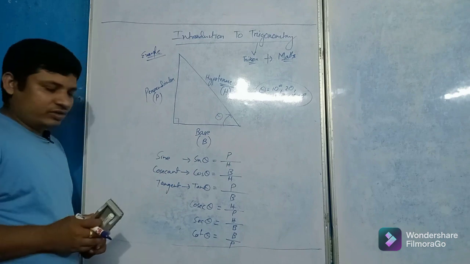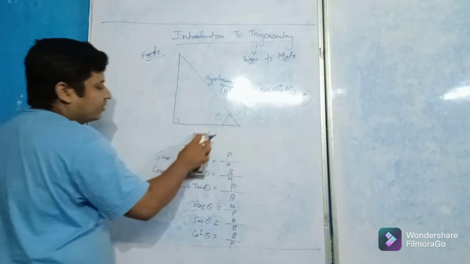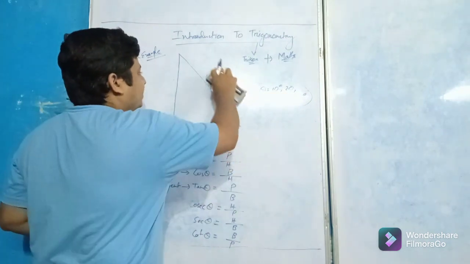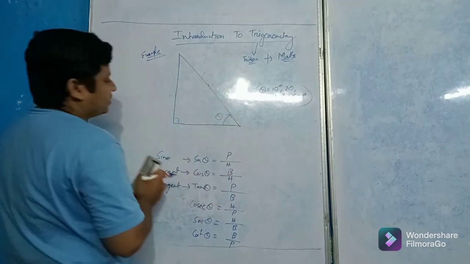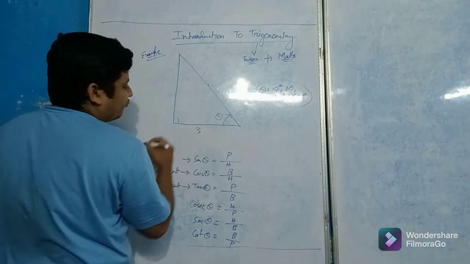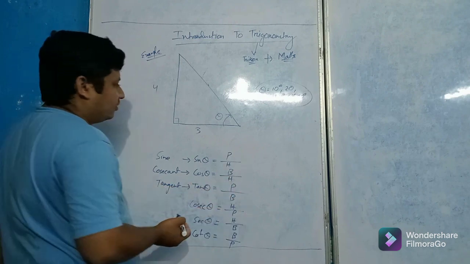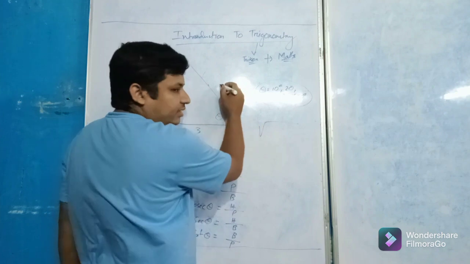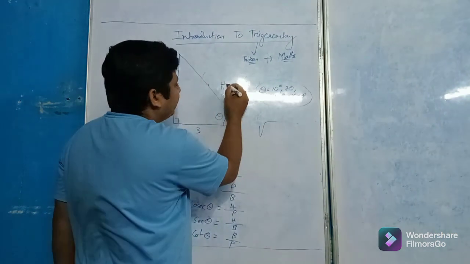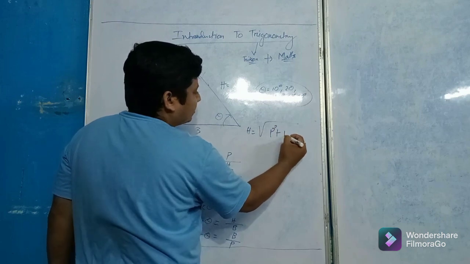Now we can find, suppose in this same problem, you can take a note of this one, and suppose in this same problem I will be going for an example. Suppose this side is given 3, this side is given 4. Now from Pythagoras theorem we can get h equals to root over p square plus b square.